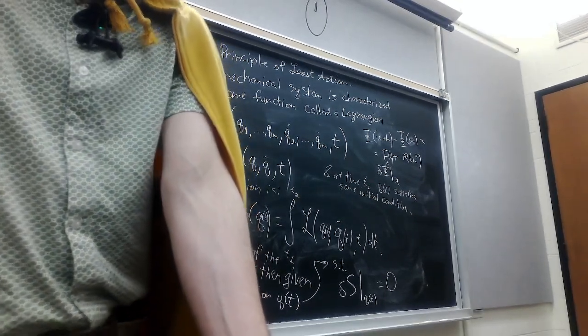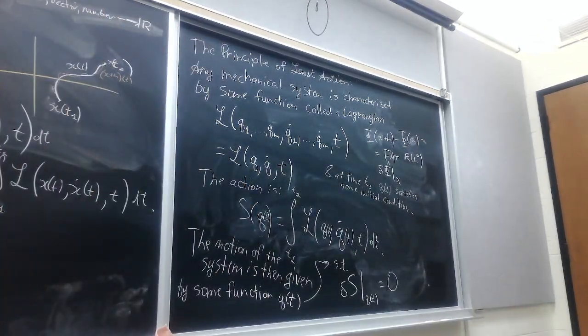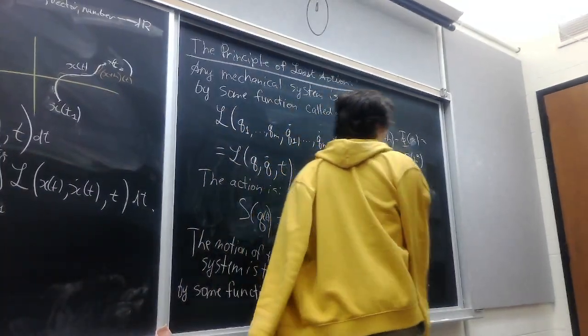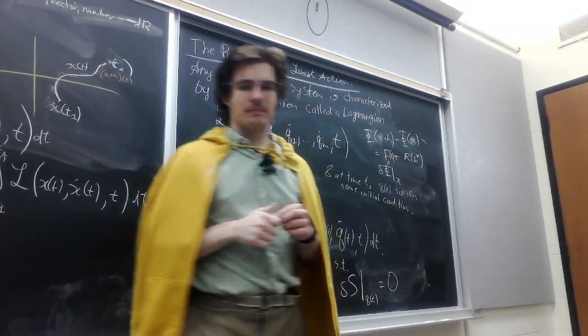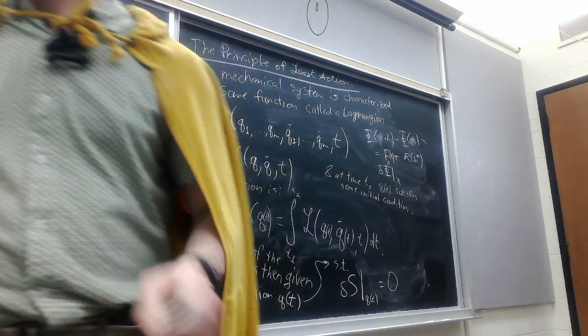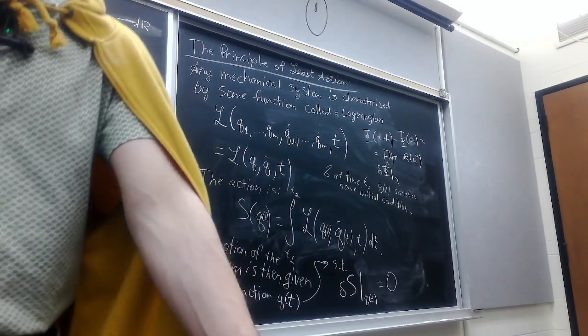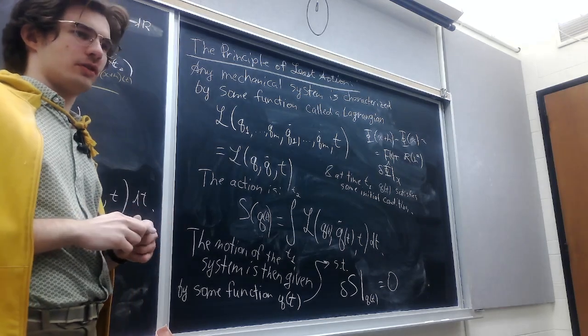So the idea goes as follows. The principle of least action says if I have any mechanical system, then there has to exist some Lagrangian function associated with it.